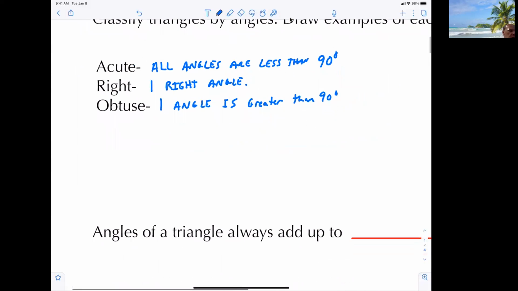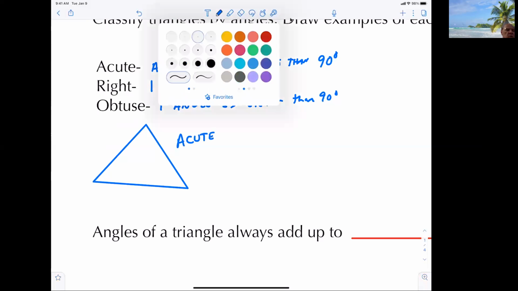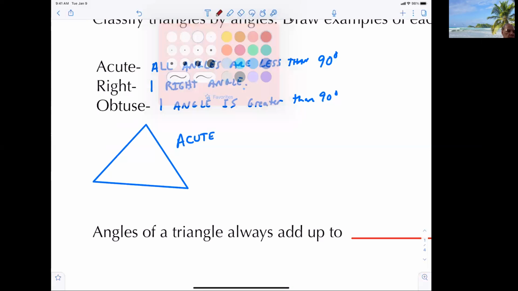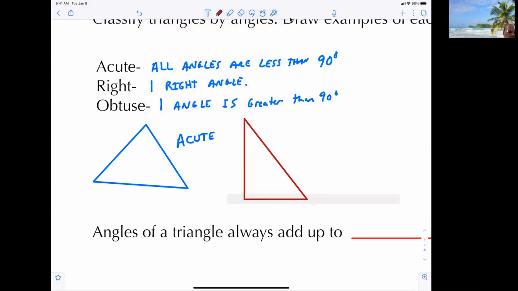Now we have to draw an acute triangle. So everybody draw an acute triangle. This one is acute. All angles are less than 90. Now you have to draw a right triangle, with one angle 90 degrees.